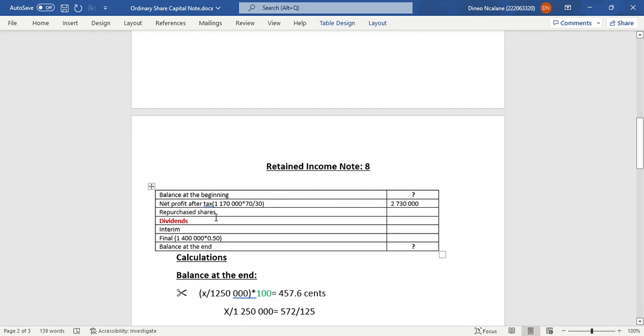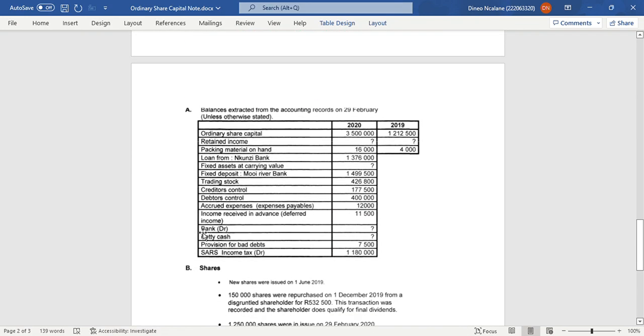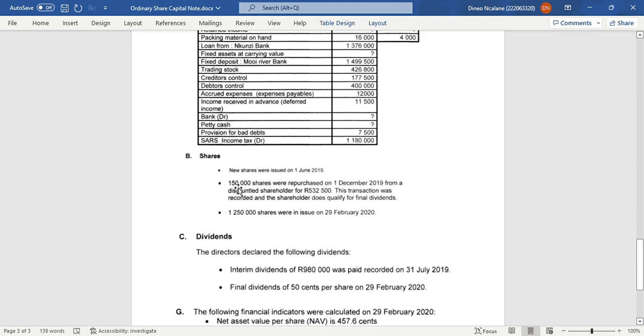Then next, we have the repurchased shares, the shares bought back from the shareholders. So let's go to our adjustments. It says here 150,000 shares were repurchased on 1 December 2019 from a disgruntled shareholder for 532,500.